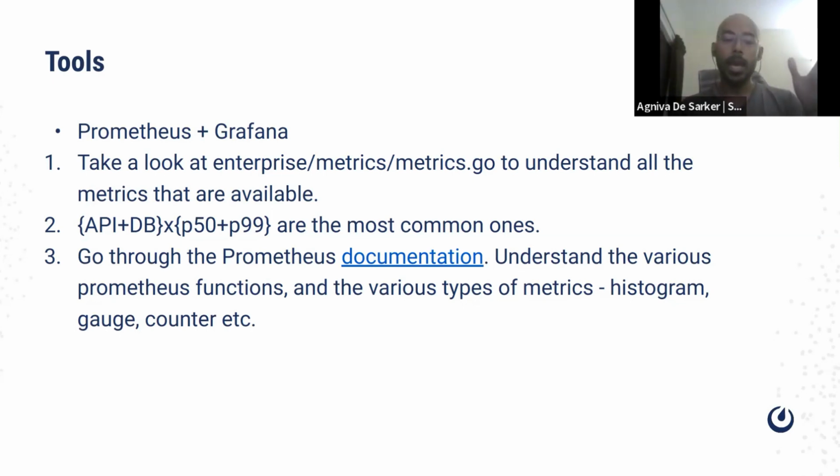Then if you are able to isolate a particular area of the problem, from that point onward, you should be able to create custom queries to dig deeper into a specific component of the issue to isolate better. To create custom queries, you need to understand the Prometheus functions and the metrics we have.